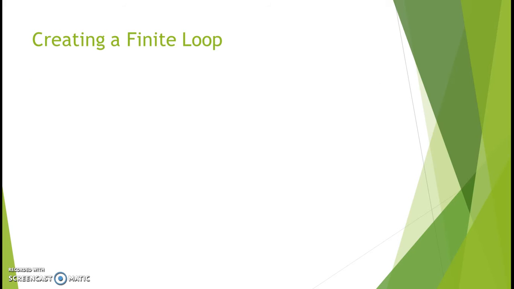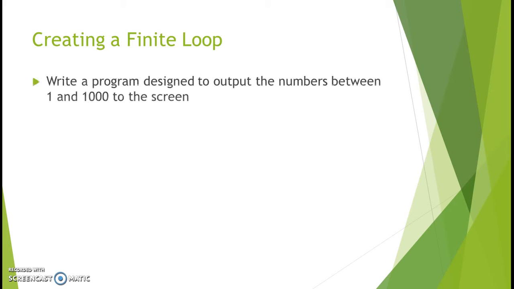There is an easier way to do this. But for that kind of approach, go ahead and use that approach and write a program so that you output the numbers between 1 and 1,000 onto the screen. You can do that pretty simply, I think, just using that loop code that we just used there.